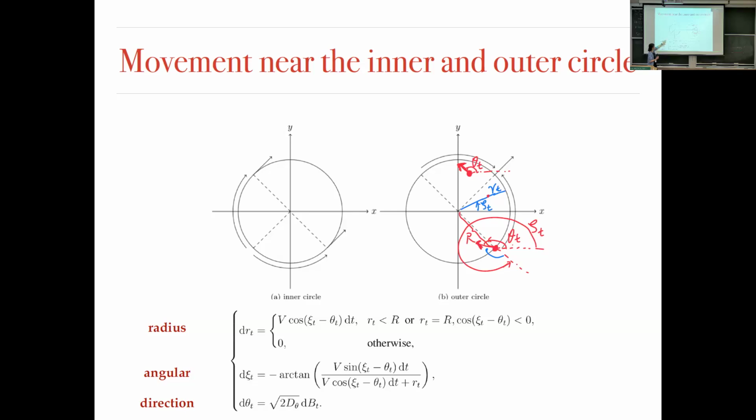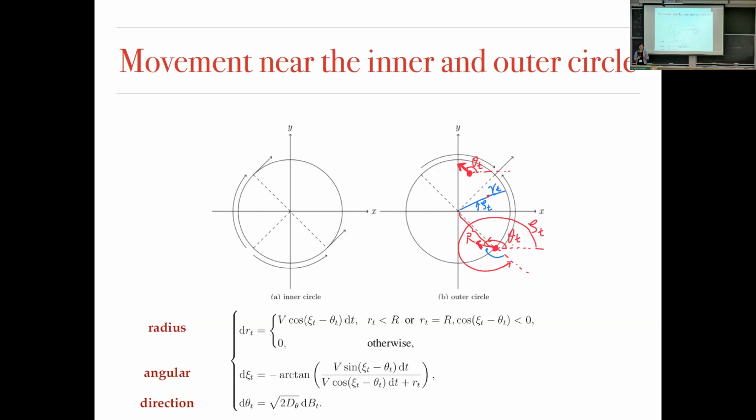But if the cells move outward, then when one goes to the boundary, and its movement direction is like this, it would slide like this until its movement direction is like this, and then it escapes. So you can see that the way they interact with the wall is different for these two cases. If we want to describe this, of course the model is more complex, but we can do it.